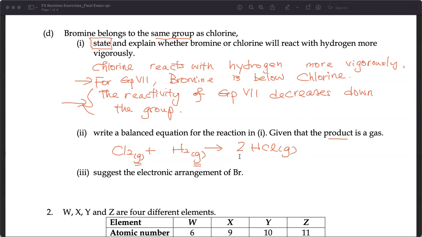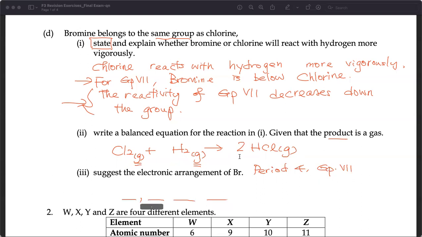Suggest the electronic arrangement of bromine. Bromine is in period 4 and group 7. As a result, it has 4 electron shells.